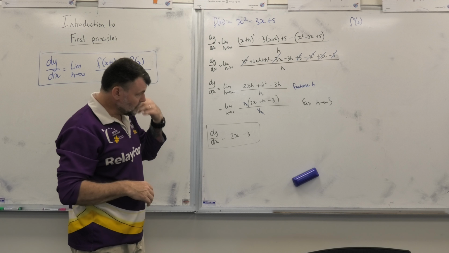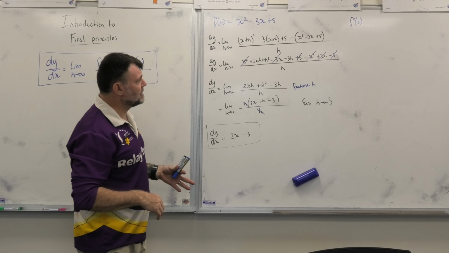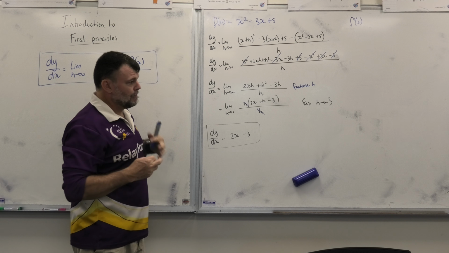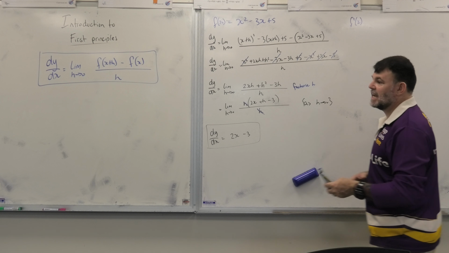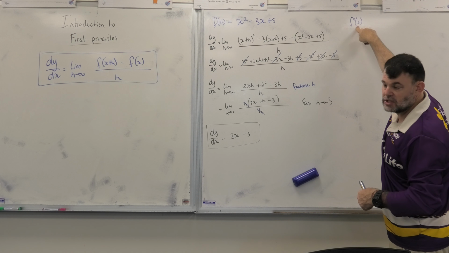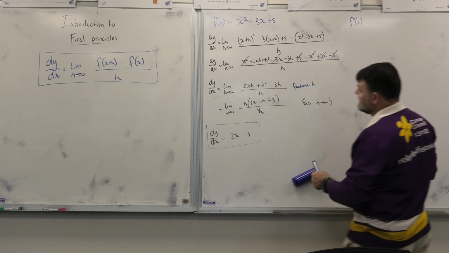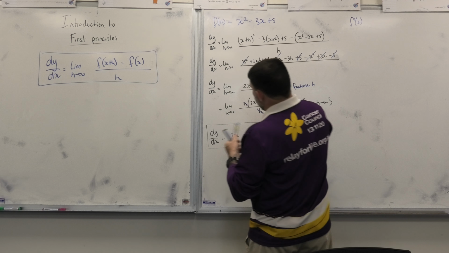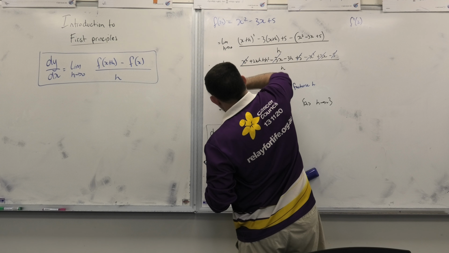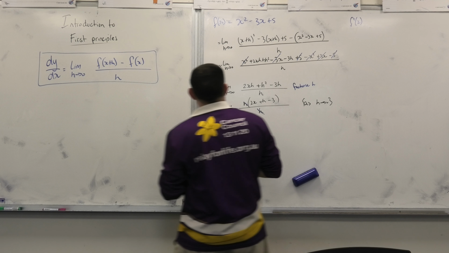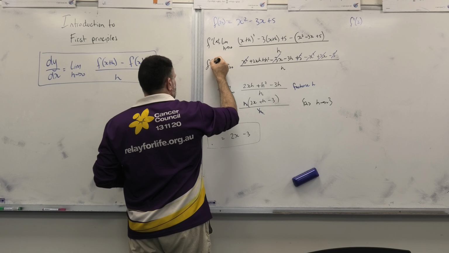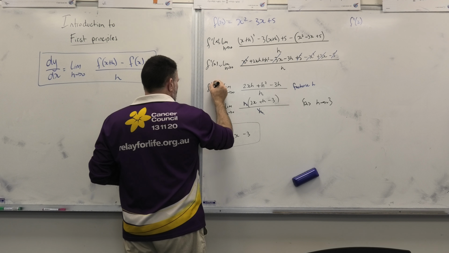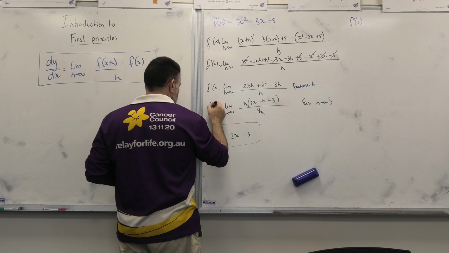But if it was asking us to find a position or a particular instantaneous rate of change, we're just going to substitute the x value in. And this here I should rewrite actually as f prime of x, because that's the same meaning but a different notation.